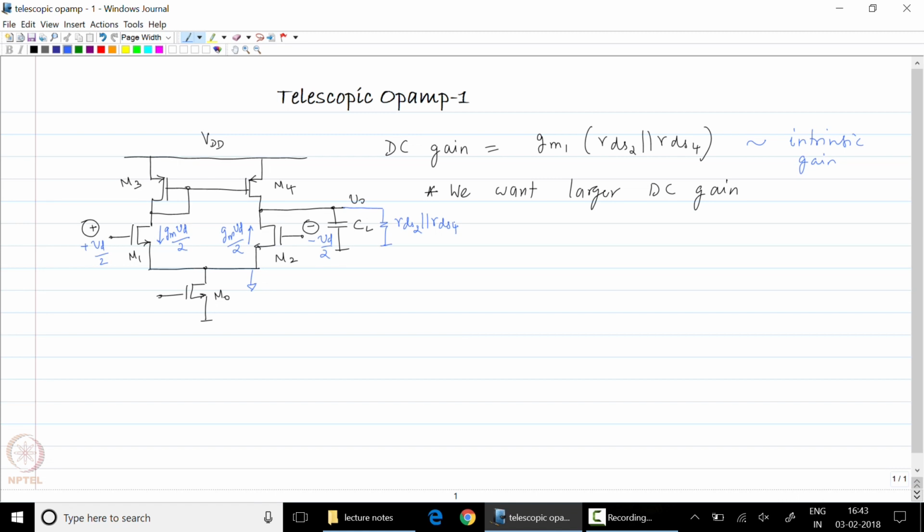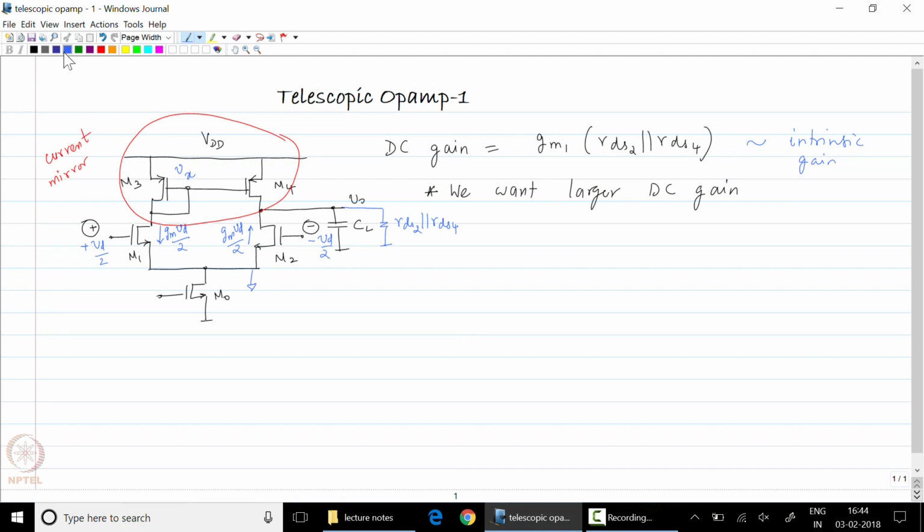Now, the current through M1 creates a small signal voltage at node X, and this also causes a current to flow through M4. So, you need to understand that this portion of the circuit comprises a current mirror, and it is an active load. You don't have any resistors, you have a PMOS load, and it comprises a current mirror.